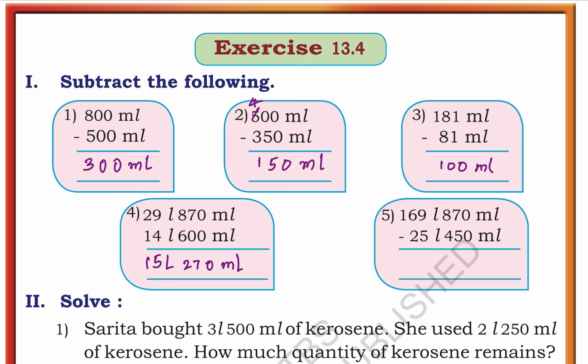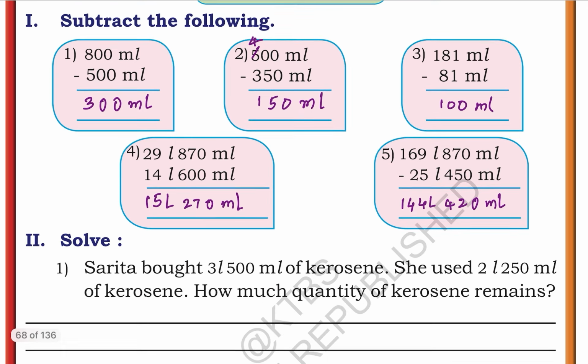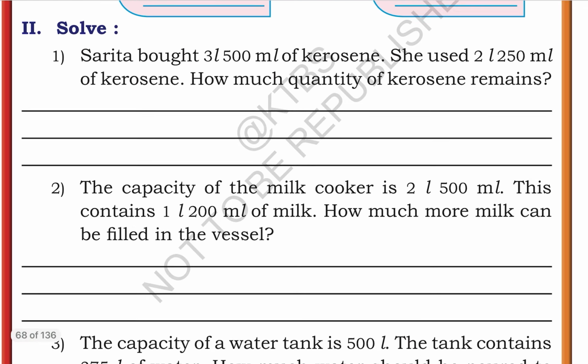Question number 5, 0 minus 0 is 0, 7 minus 5 is 2, 8 minus 4 is 4, write down the unit ml, 9 minus 5 is 4, 6 minus 2 is 4, 1 as it is, liter. Do not forget to mention the unit. Okay, it is easy. Now, come to the problems.